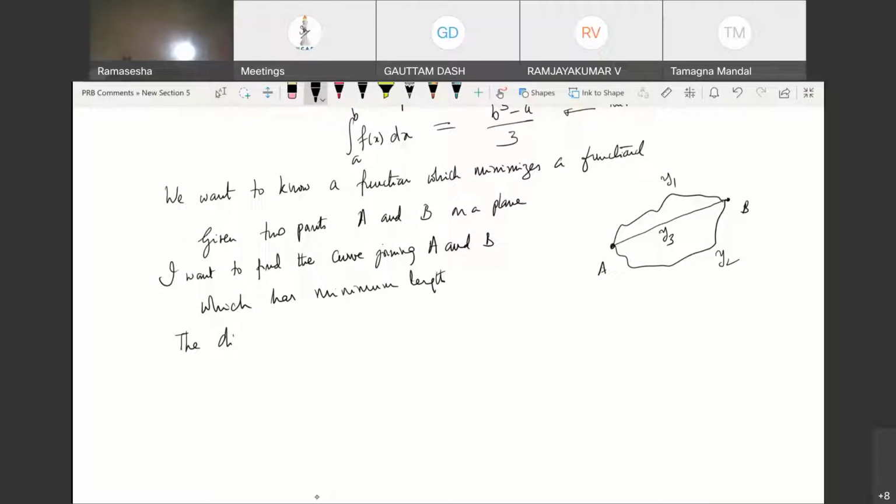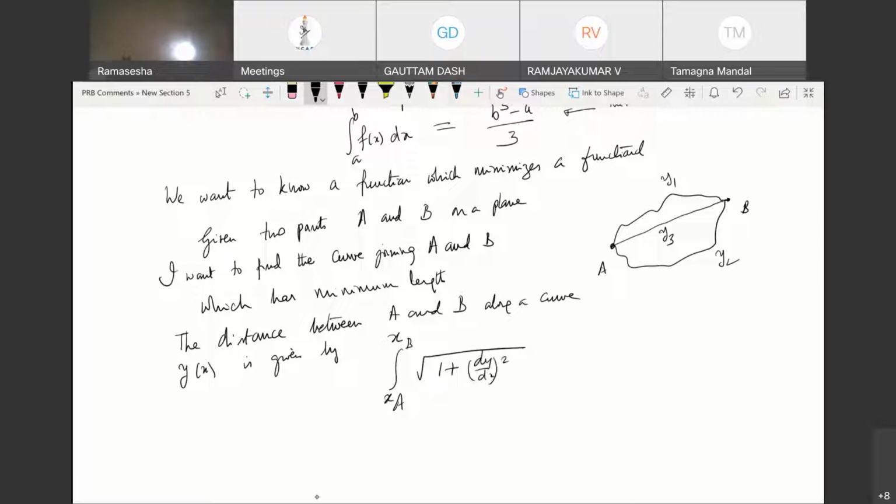The length of the curve between A and B along a curve y of x is given by integral a to b of square root of 1 plus dy by dx the whole squared times dx.